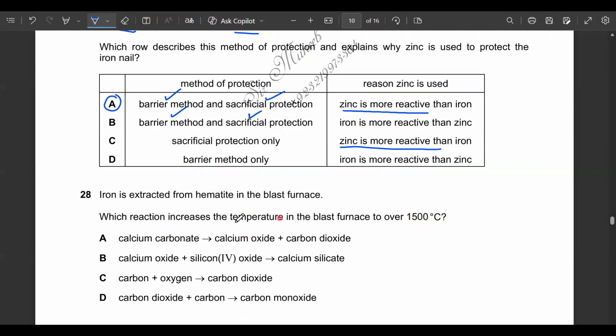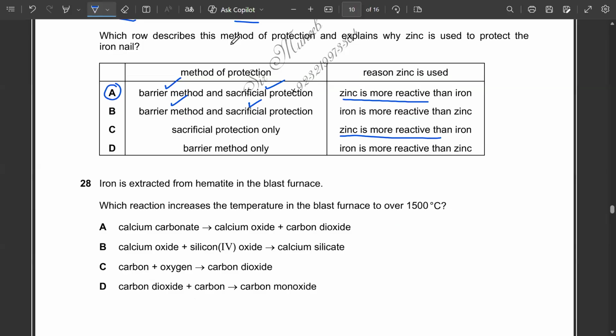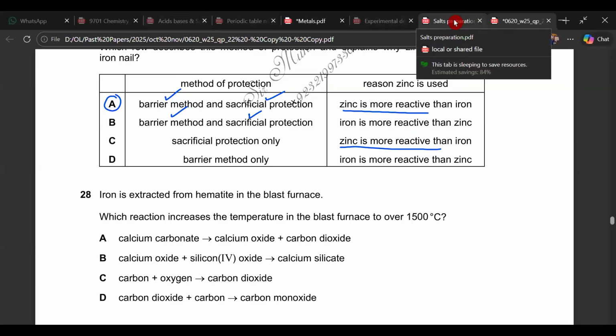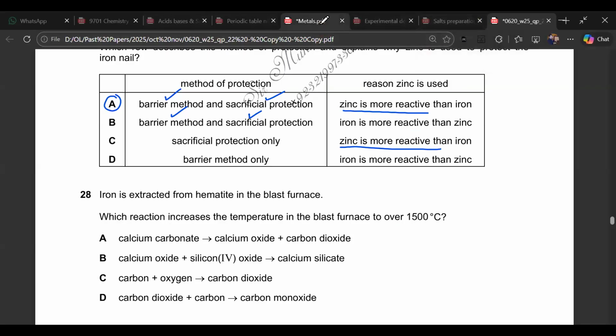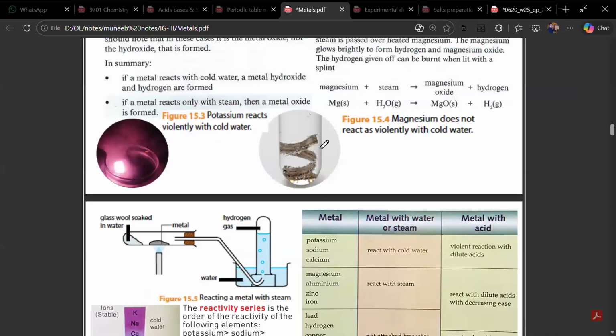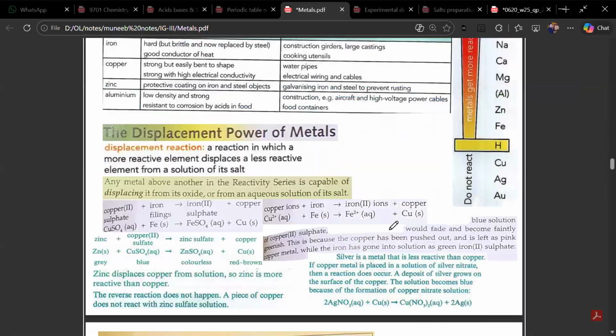So we need to locate the reaction which would produce a temperature that could reach up to 1500 degrees centigrade. For this purpose, I will take you to the notes and we'll find that reaction. It is in the iron extraction topic in the chapter of metals.